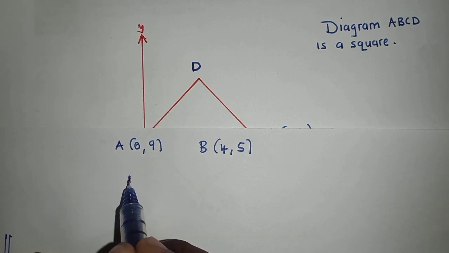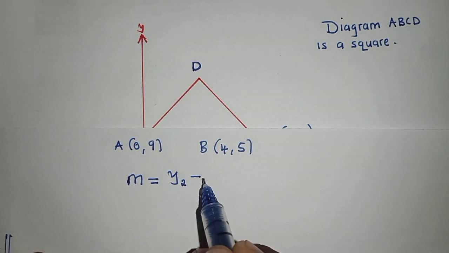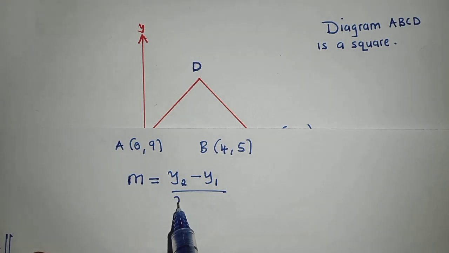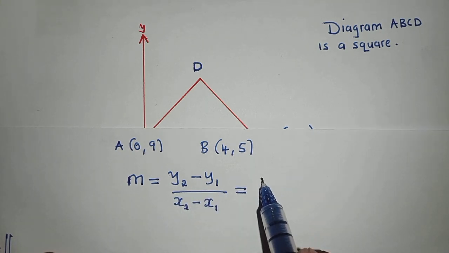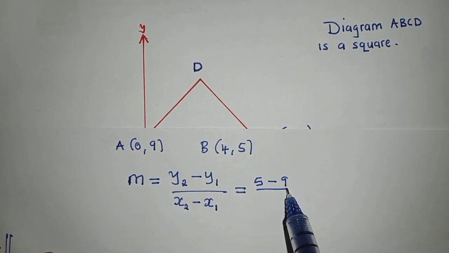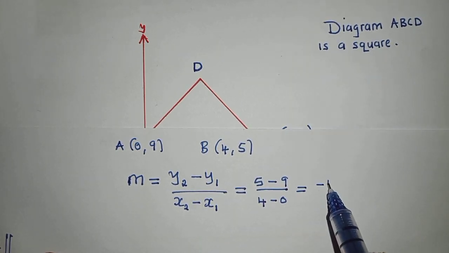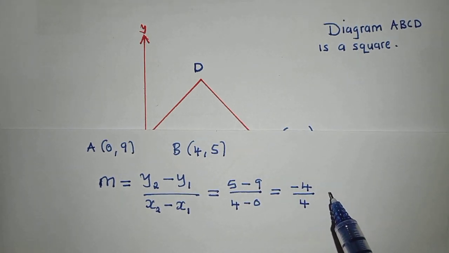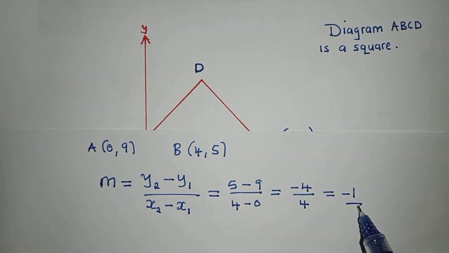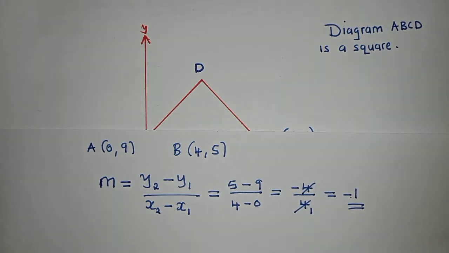The gradient m is equal to (y2 minus y1) over (x2 minus x1), which is equal to (5 minus 9) over (4 minus 0), which is equal to negative 4 over 4. When we solve, we get negative 1, because 4 divided by 4 is 1, and with negative 4 it's negative 1.